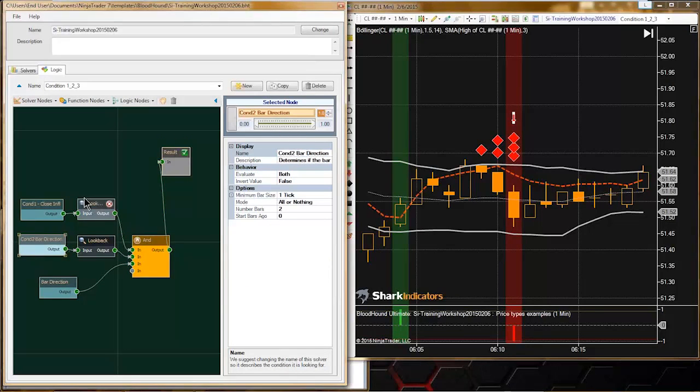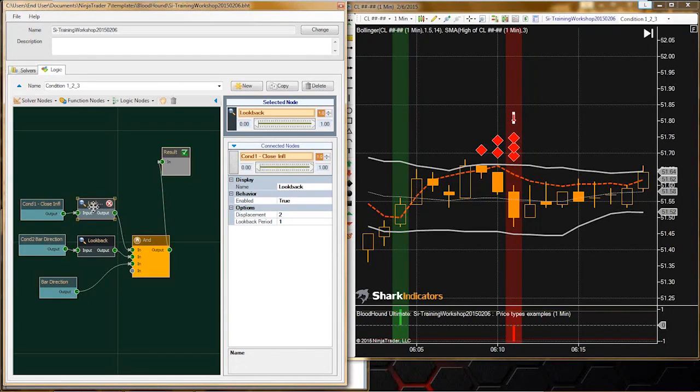Basically I was asked a theoretical question, and this would be the theoretical answer for that. You can always keep in mind that for every particular trade rule or trade condition you have, there are multiple ways to build that into BloodHound.